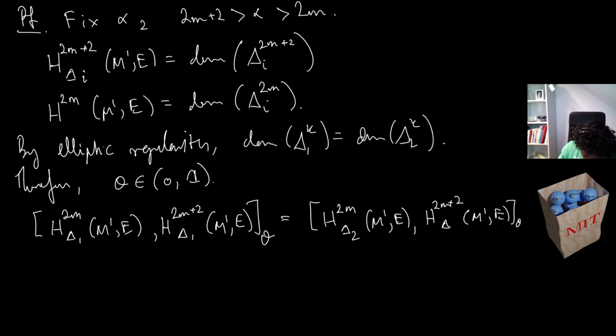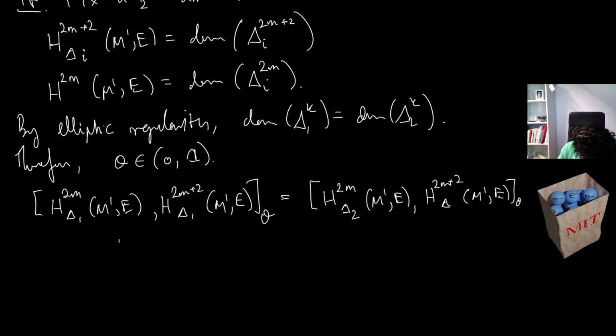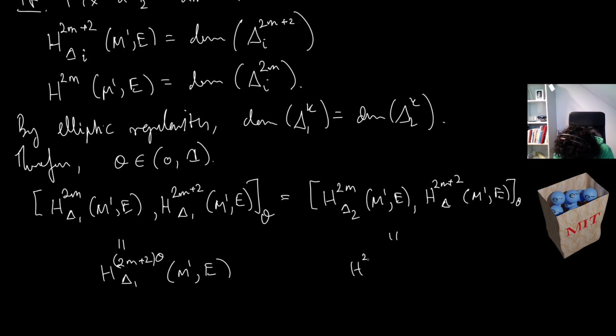And of course, by what I wrote before, this is exactly going to be equal to H^{2m+2θ}(Δ_1; M', E). And this is equal to the other because the operators Δ_i and all of their powers are self-adjoint, right?